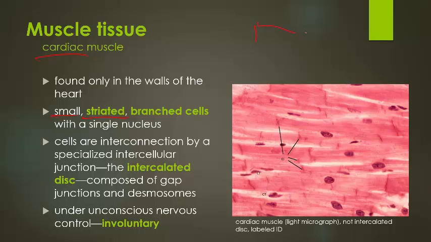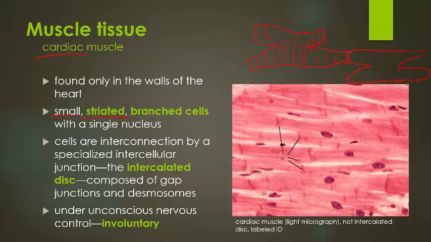So this might be what an individual one of these cells looks like. They've got those same stripes because they've got that unique arrangement of the protein fibers that smooth muscle cells don't have. And they interconnect with each other throughout the heart.